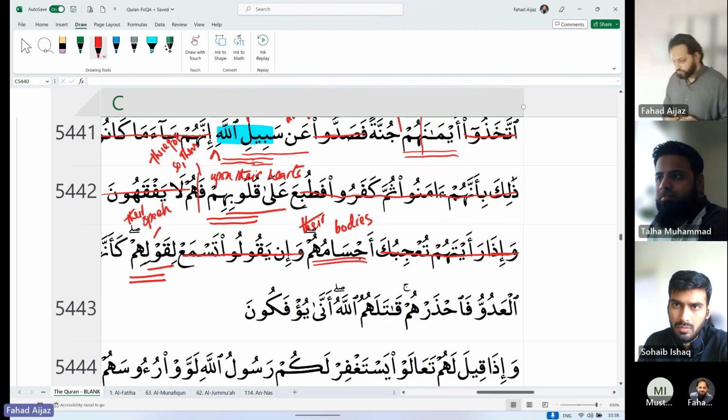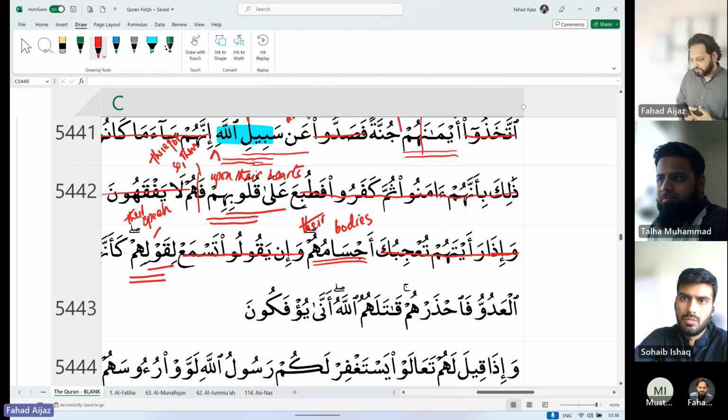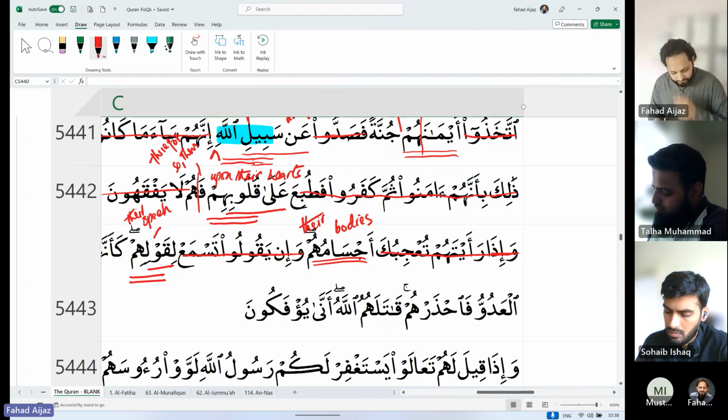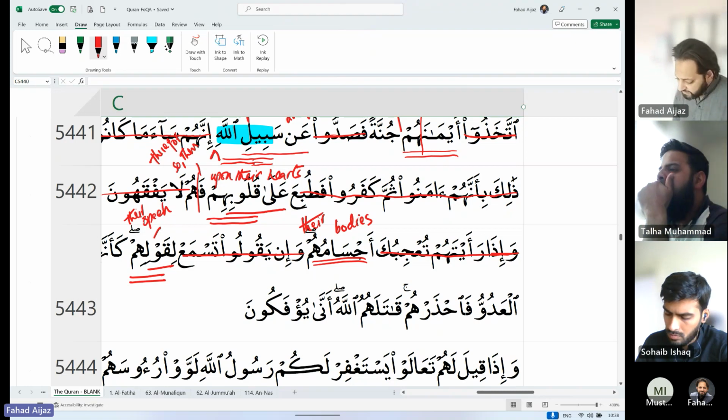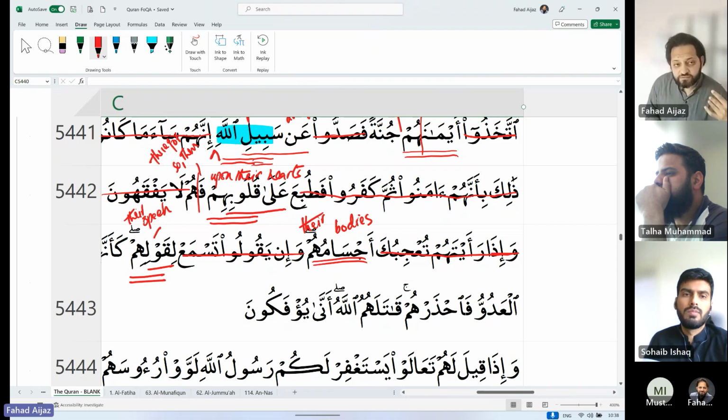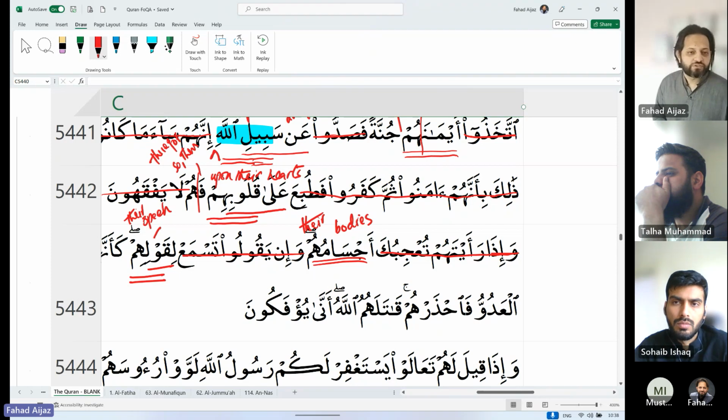Now li translates to to or for. So Allah is saying, wa in yaqulu tasma, when they speak, you listen. You listen to what? Li qawlihim, to their speech. That's what Allah is saying here.